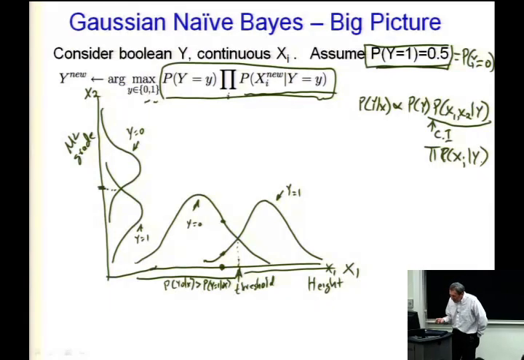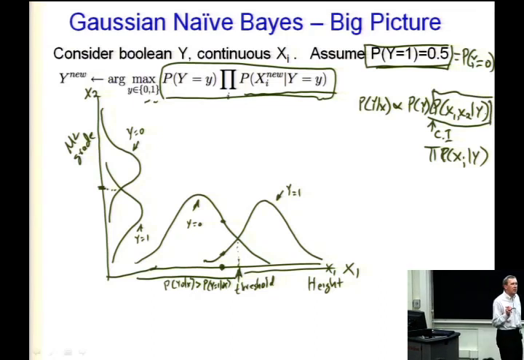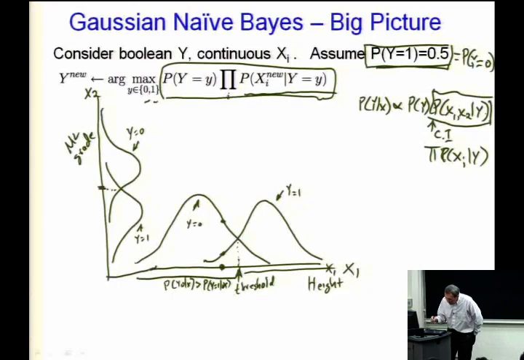Okay, so now let's draw this on our plot. What's going to happen is P of x1, x2 given y is really the product of these distributions that I've drawn along the single axes, right?